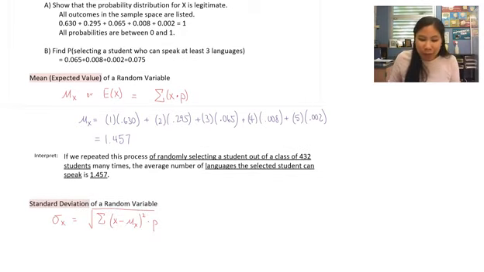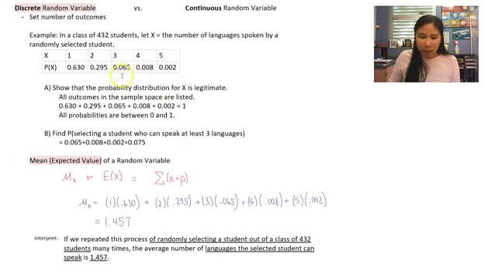Alright, so if we know how to find a mean, we can also find the standard deviation to talk about the spread of a random variable. Standard deviation, remember, is how far away each data point is from the center, the mean. Looking at our probability distribution, each of our data points are technically our x variables, so the number of languages that the student could speak.